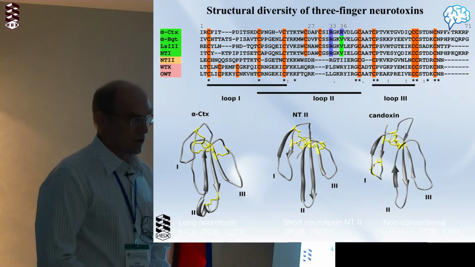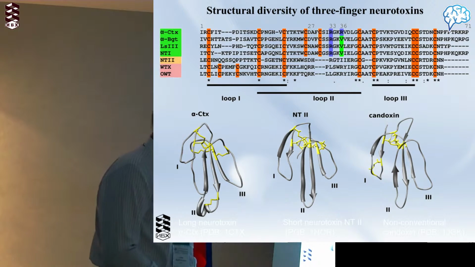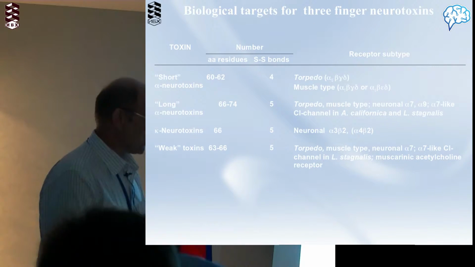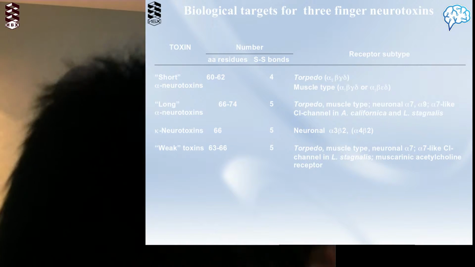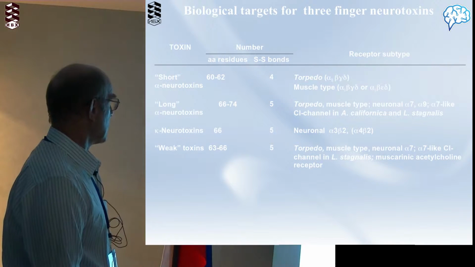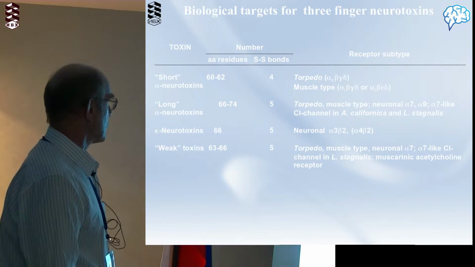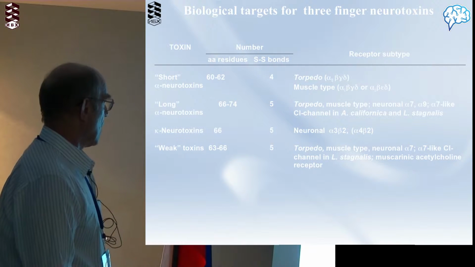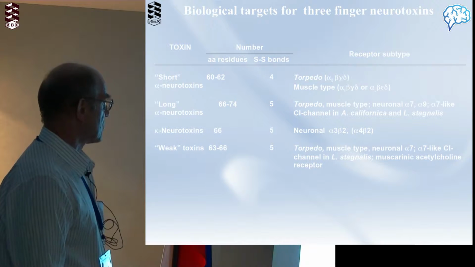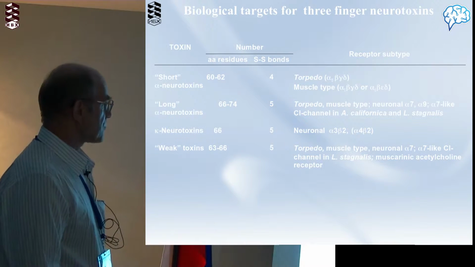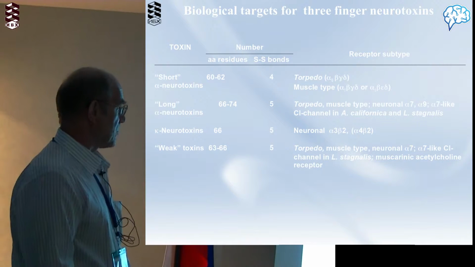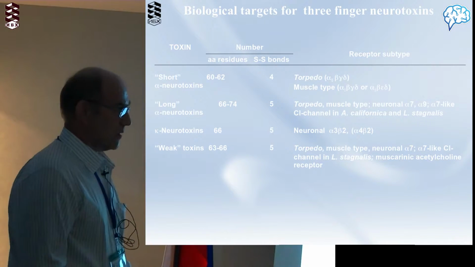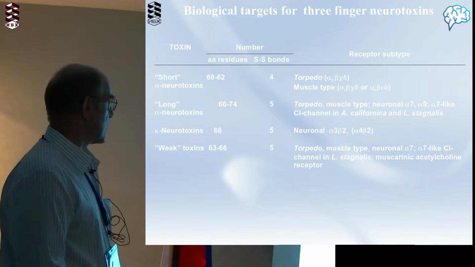These three-finger neurotoxins differ not only by structure but also in their affinity to nicotinic acetylcholine receptors, and this is summarized briefly on this table. Short neurotoxins target Torpedo and muscle-type nicotinic acetylcholine receptors. Long neurotoxins, in addition to muscle type, also target pentameric neuronal acetylcholine receptors.